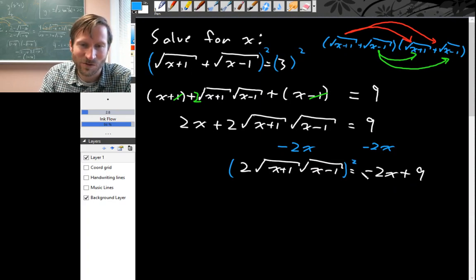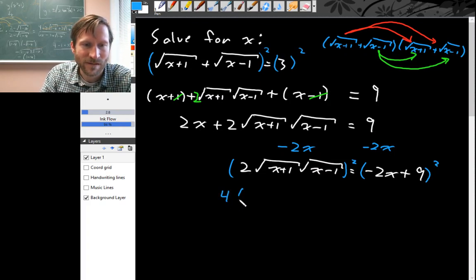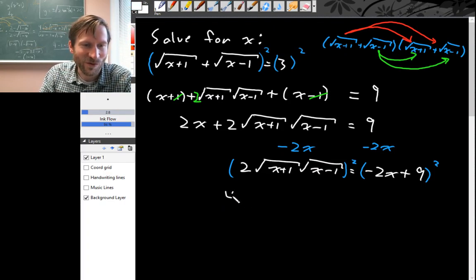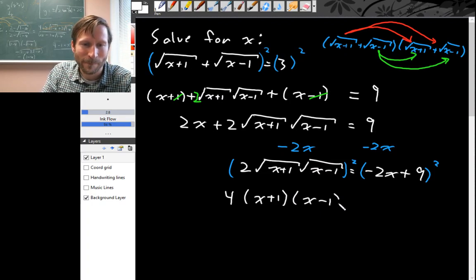This 2 squared is 4, and the square root of x plus 1 squared is x plus 1. So 4 times x plus 1. And then the square root of x minus 1 squared is x minus 1.